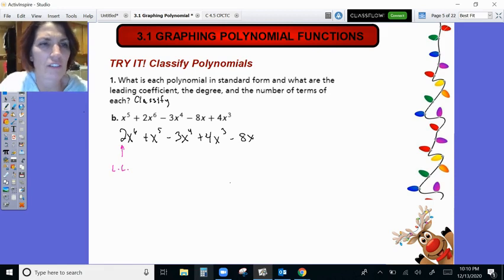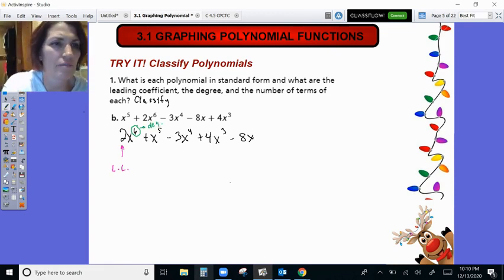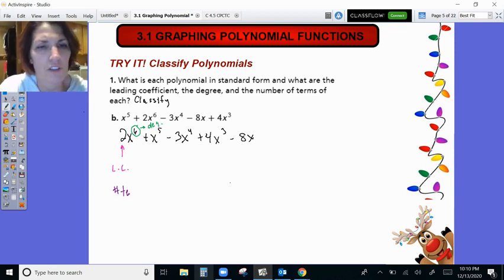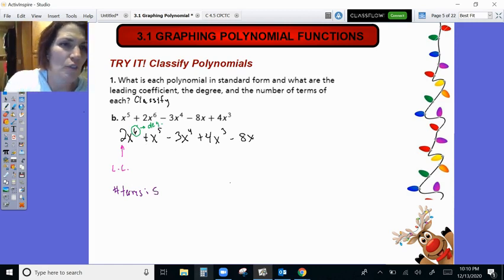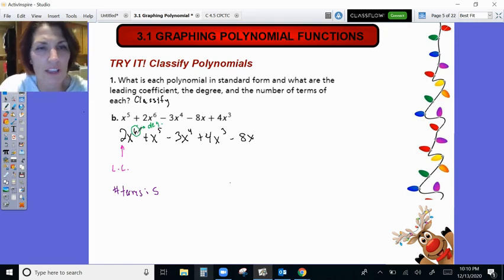Leading coefficient is 2. I'm going to take some shortcuts here if that's okay. My highest degree is 6. That's my degree. Okay. My number of terms is 1, 2, 3, 4, 5. So 5. And then if I'm going to classify it, this is going to be a 6th degree.